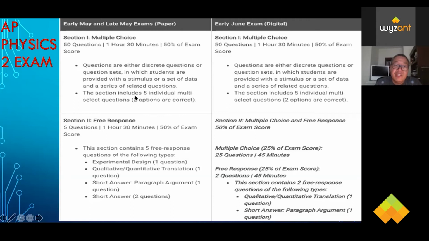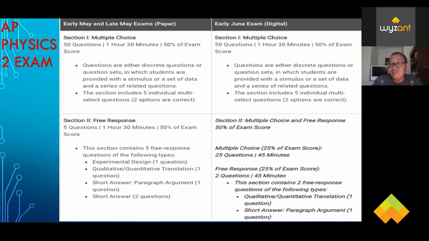The section also includes 5 individual multi-select questions. You know, the first 45 are single selection, okay?